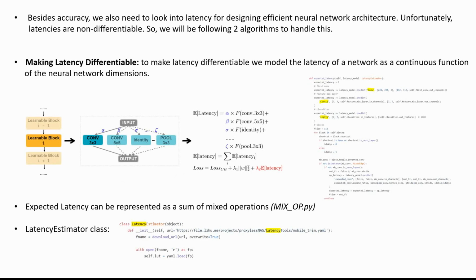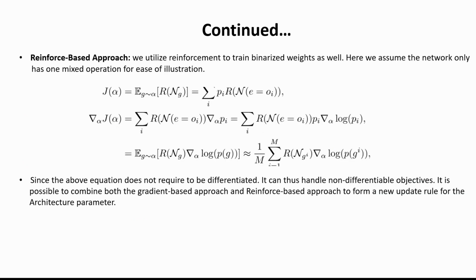In this diagram, you can see how we make the latency a differentiable function, and the code we utilized. We also introduced the reinforcement-based approach to train the binarized weights as well. It is also possible to combine both the gradient-based approach and the reinforcement approach to form a new update rule for the architecture parameter.